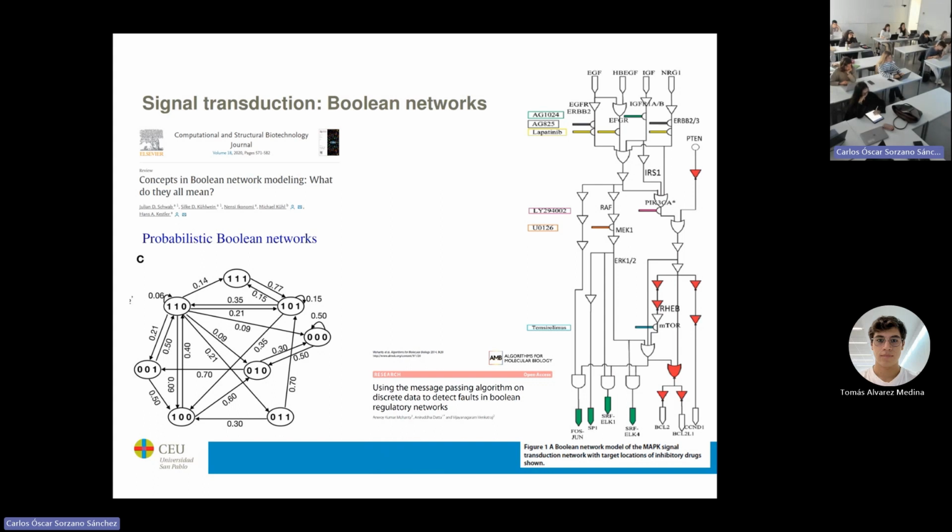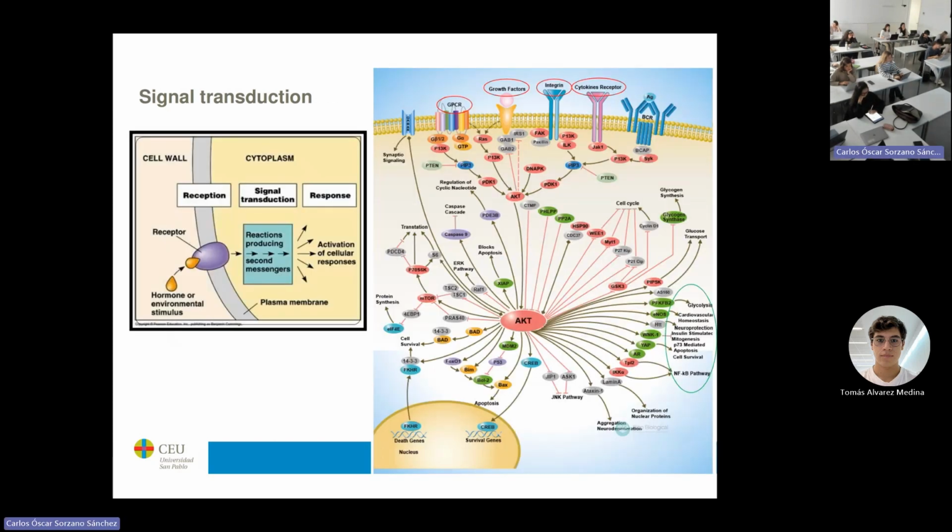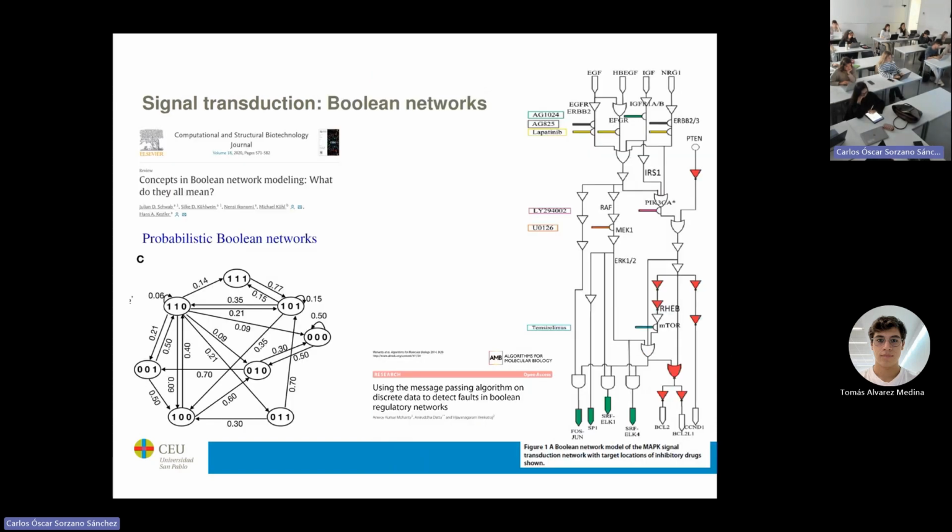If this is your state, you can go to this other state with probability 0.09, to this one with probability 0.14, or stay in the same state with probability 0.06. You can model these signaling pathways using this kind of mathematical model.